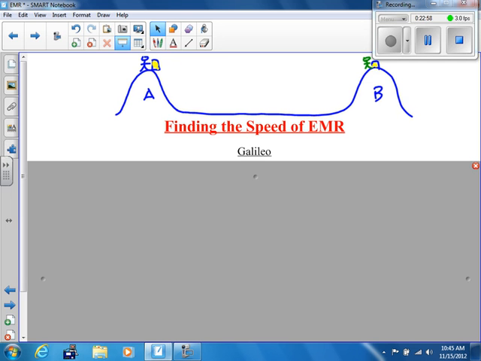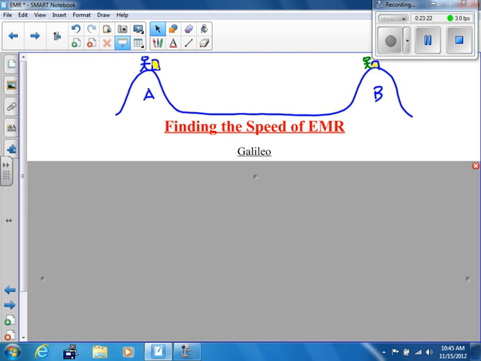Why are we standing on opposite hills then? Well, what's going to happen is Galileo is going to uncover his lamp. When Galileo uncovers his lamp, the light starts moving towards the guy on the second hill, Hill B. When the guy on Hill B sees the light, what does he do? He uncovers his lamp. Then that light starts traveling this way towards Galileo.